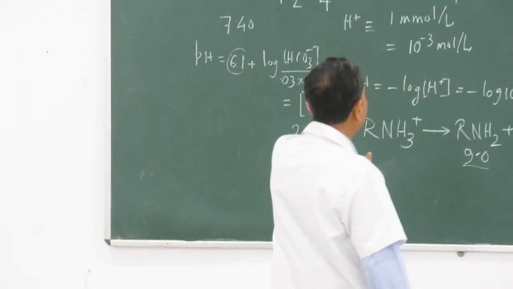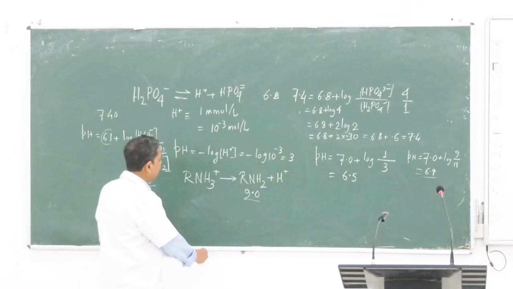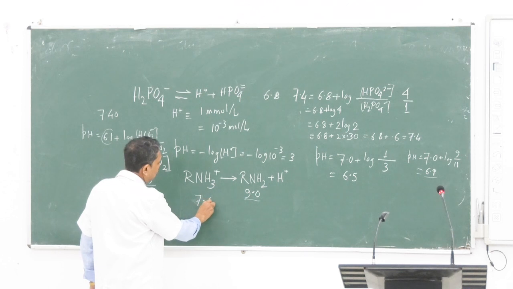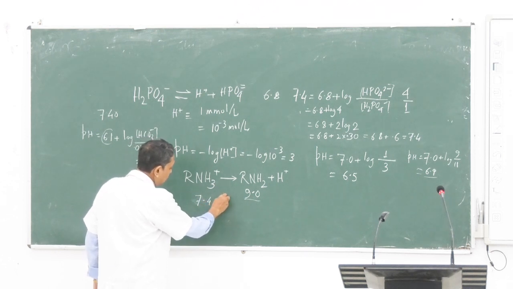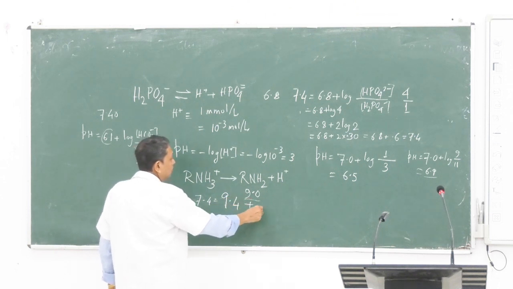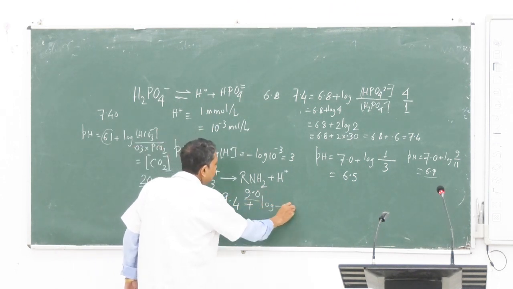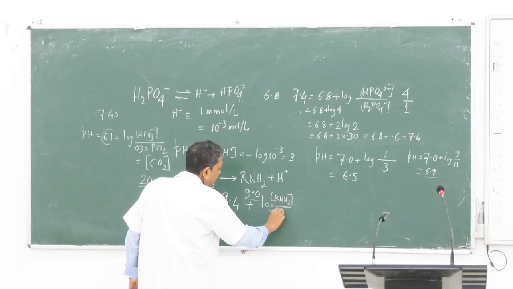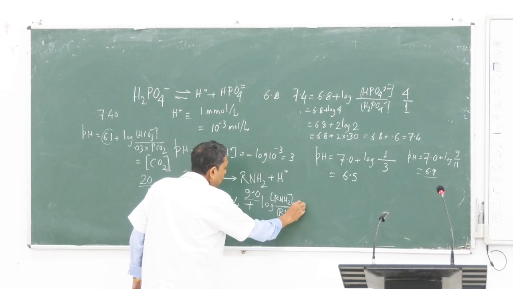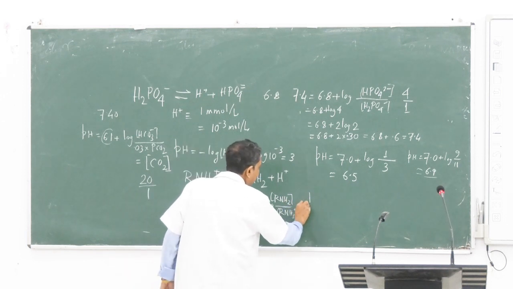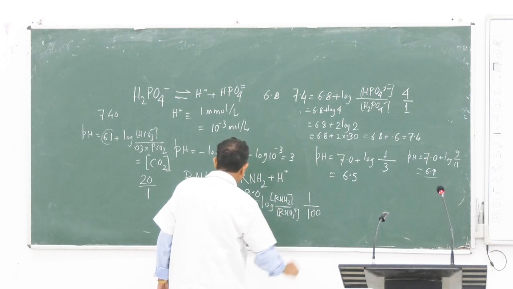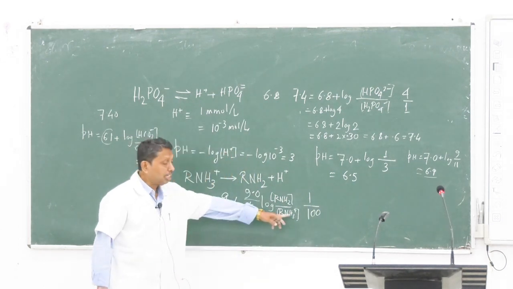In case of ammonia buffer, if you imagine, then 7.4 is equal to this. If you take the pK as 9.4 for the ease of calculation, then it is log of RNH2 by RNH3 plus, and this ratio will become 1 by 100, most in the protonated form.